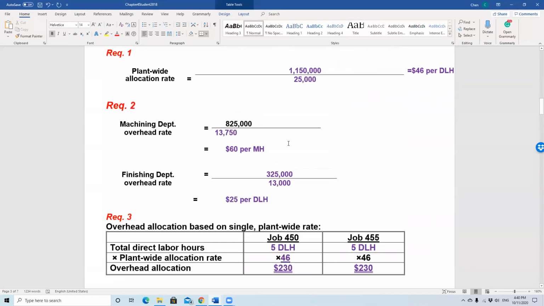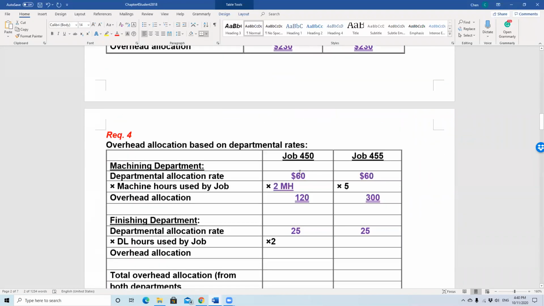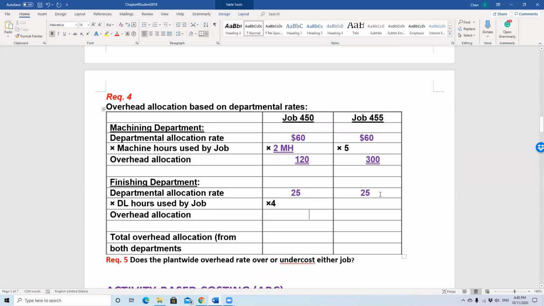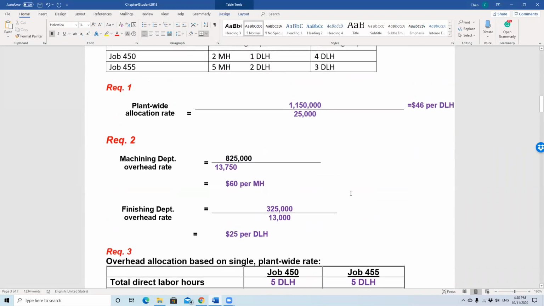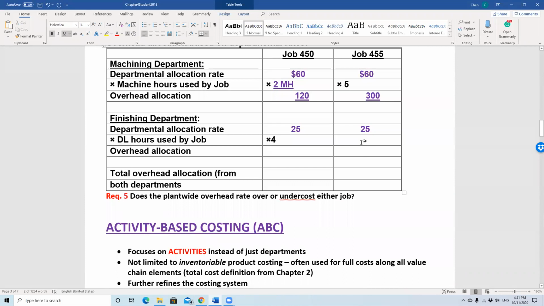Oh no, I got it wrong. The finishing department is 4 direct labor hours for job 450, and the finishing department for job 455 is 3 direct labor hours. So times 3, and then this is 100, and this is 75.